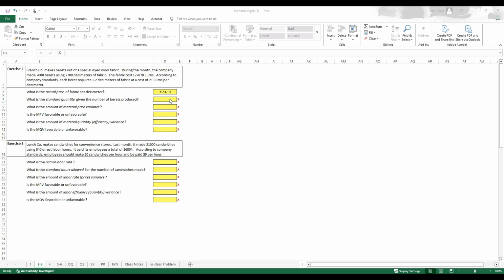So our standard quantity would have been 8,400. That is to say, we produced 7,000 units, and if we had exactly met the standard in terms of how much each one of those units will take, that would give us the 8,400. That's the SQ in our little model that we just created.